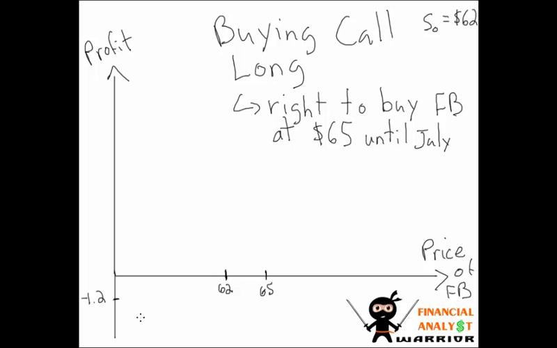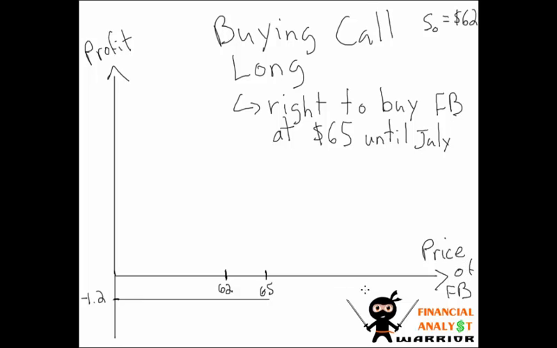Therefore, I won't exercise, and I'll just lose my $1.20. Nothing else is going to happen. My call option will just expire worthless. So all along from 0 all the way to 65, I'm not making any money.